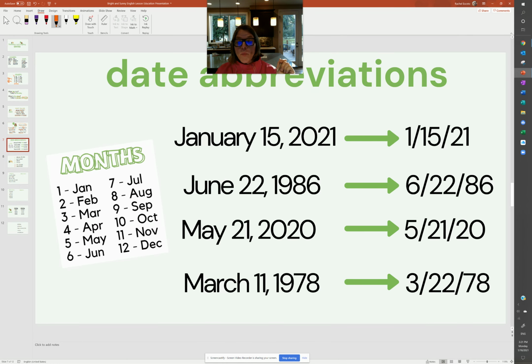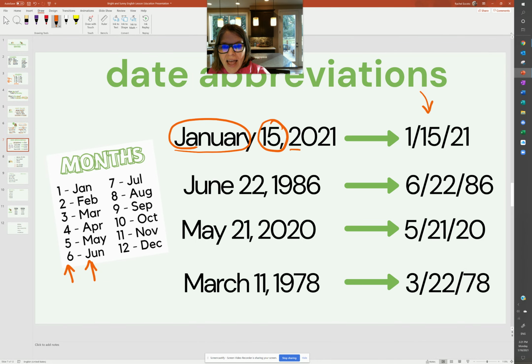So when we write abbreviations, we can write short. Remember that every month has a number and an abbreviation, right? And when we write abbreviations in all numbers, we take the number of the month, the number of the day, and the year.